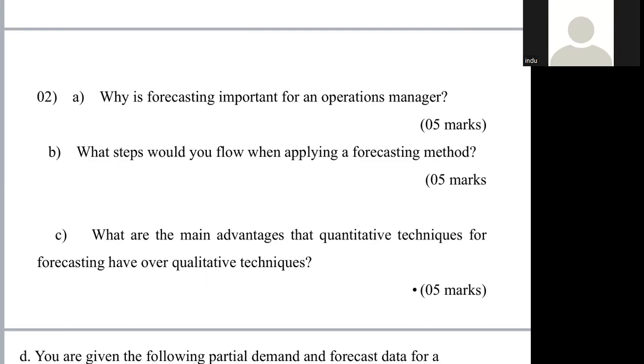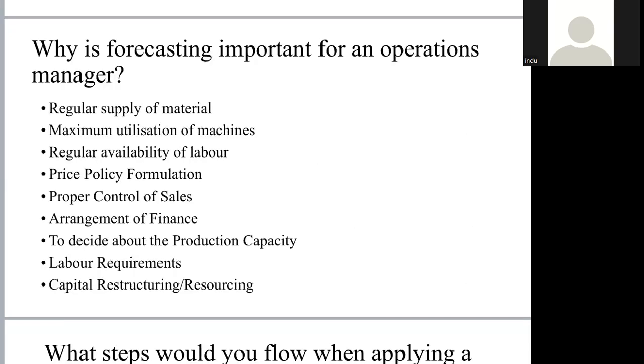So that means you can just write the more important factors, right? Why forecasting is important for operations management, and very briefly you can explain each point, right?